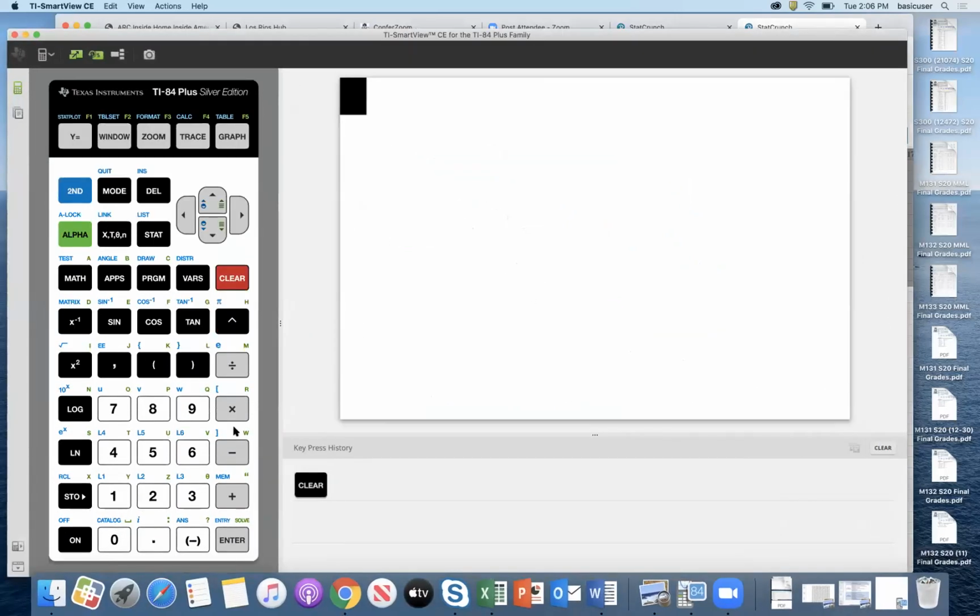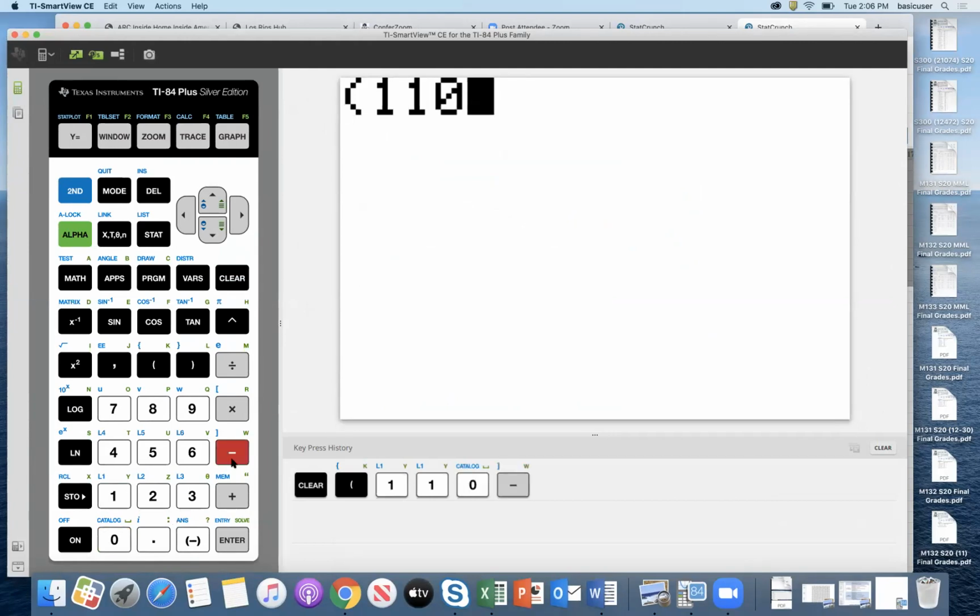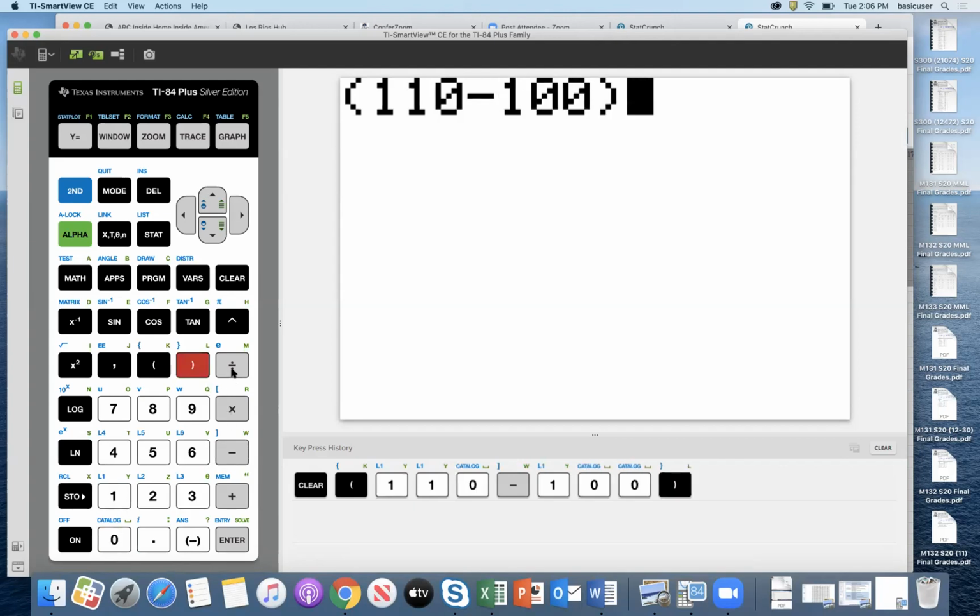So what I'm going to do is use my parentheses. I'm going to do parenthesis and then 110 minus 100 divided by, and then open a new parenthesis for the bottom. And then I'm going to do 15, and then there's another division down there.